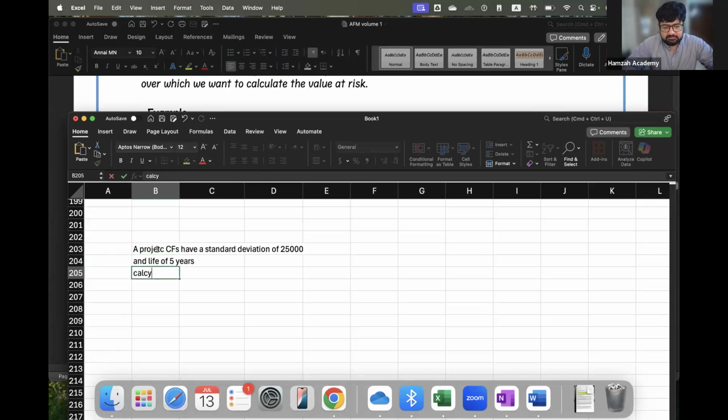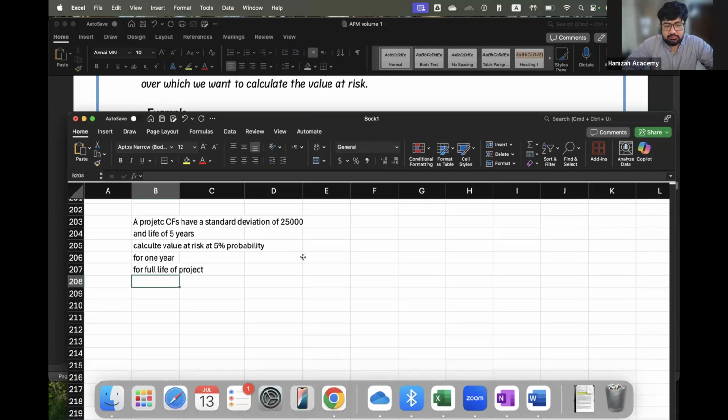Calculate value at risk at 5% probability for 1 year life or for the full life of the project.